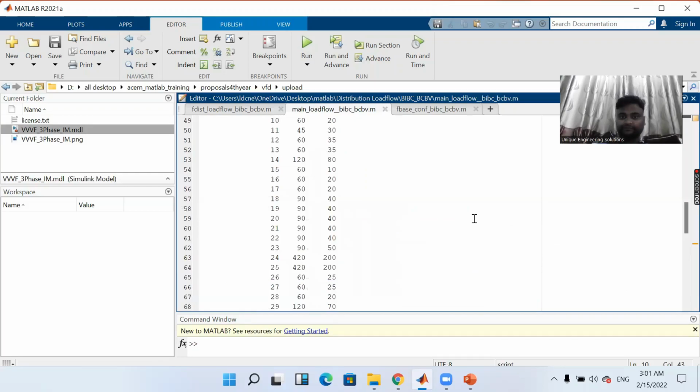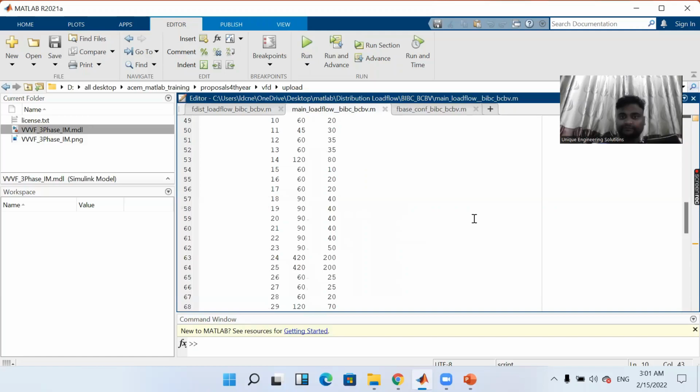Here all the things are similar, but we can see that there is a slight difference between the power summation method and the BIBC method.